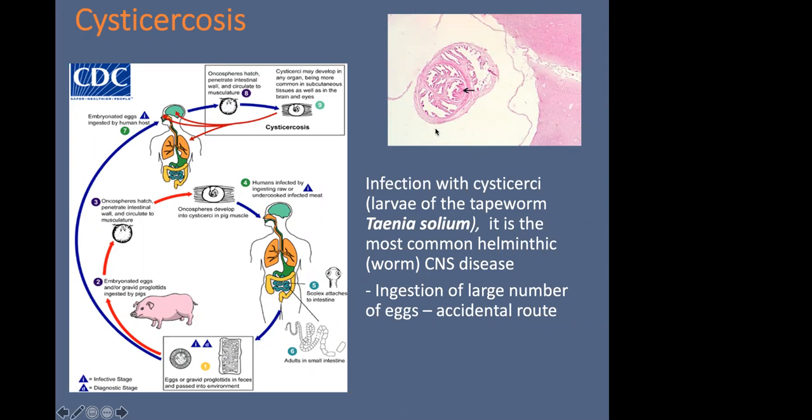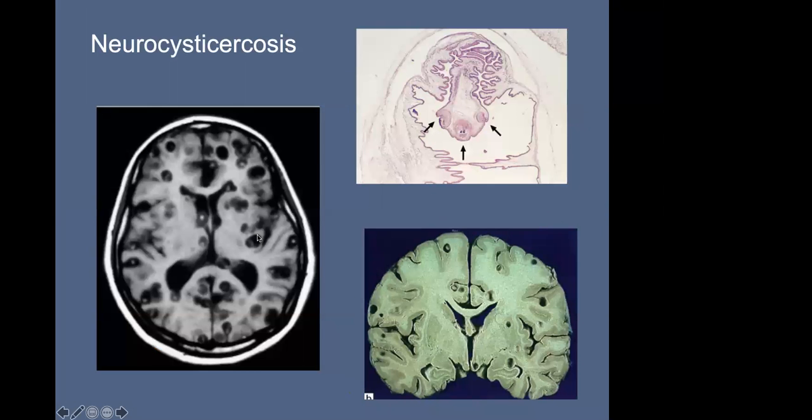In the brain, they can produce a large number of cystic structures. And in radiology, they can be almost diagnosed, because the scolex of the organism, the head, enhances, and you can see this central enhancing scolex of the cysticercus.